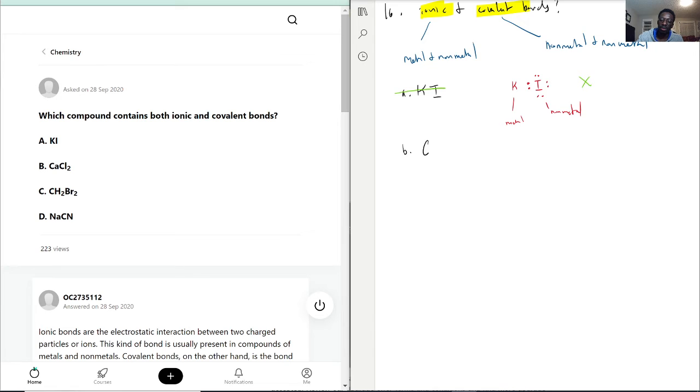B, we have CaCl2. With this one, we still need to know our Lewis dot diagram because we want to see how it's arranged. We have calcium in the middle, and then 2 chlorines to the side.